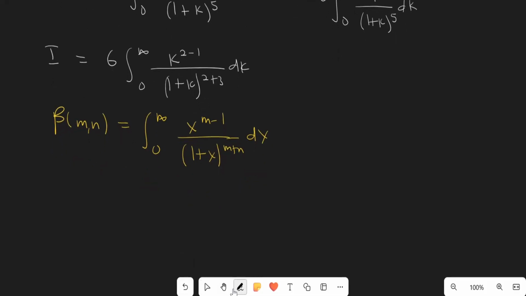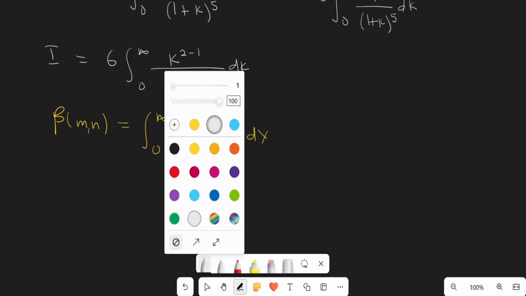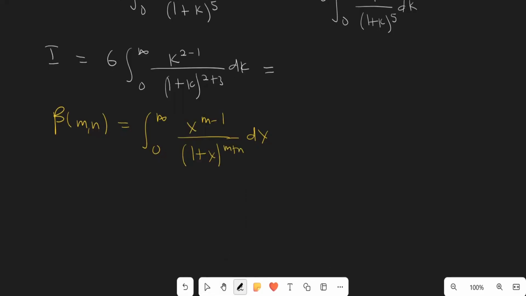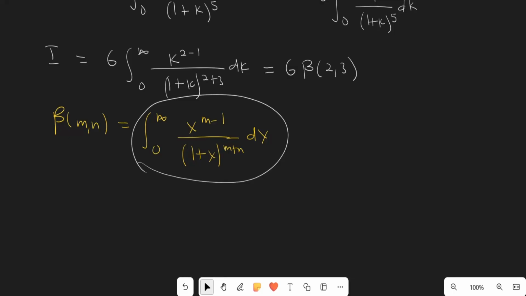So in this case, our integral here looks like the beta function, which is 6 times the beta of 2 and 3, because it is the same as this one. If we do the comparison, m here is equal to 2 and n here is equal to 3.